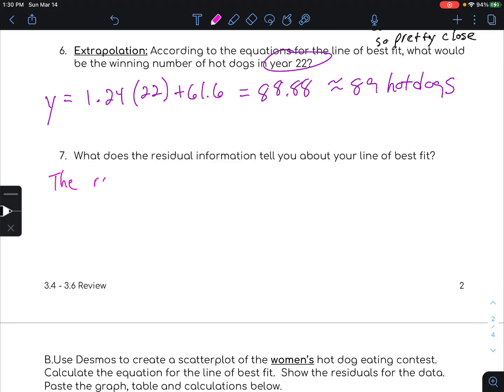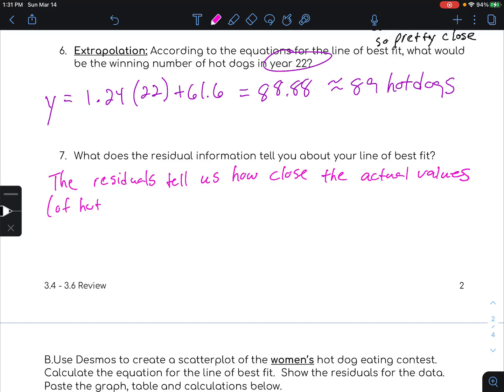So the residuals tell us how close the actual data values, in this case of hot dogs eaten, were to the estimated or predicted values.